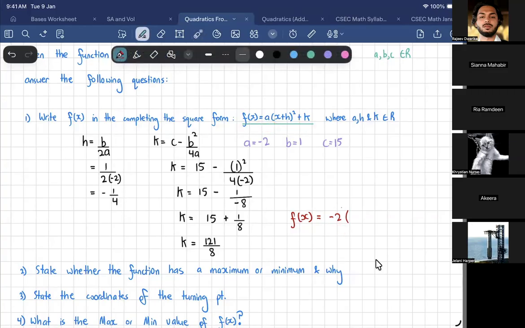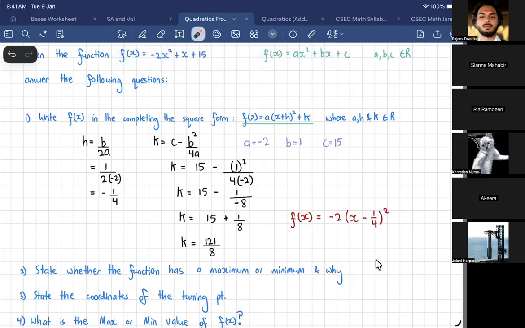Then we're going to put on x, and then it's plus h. So we just have to put on what h is. So what is h? Negative 1/4. Right. So you're going to put negative 1/4 in here. Now, some of you might be confused by that because you might be saying, sir, but it has plus h over here. Let me show you something, right? If you write x plus h, now h is negative 1/4.